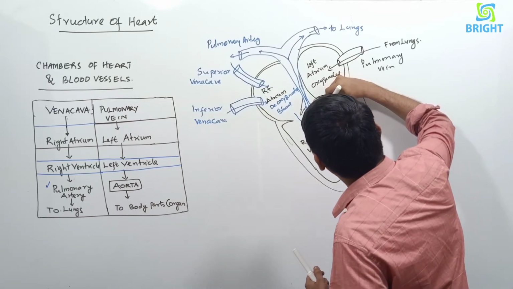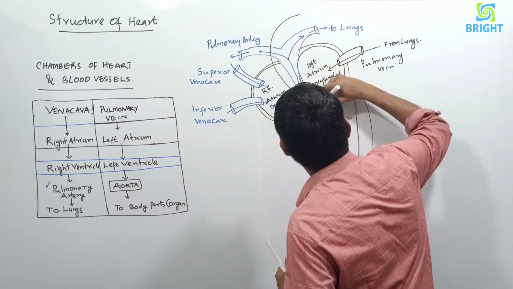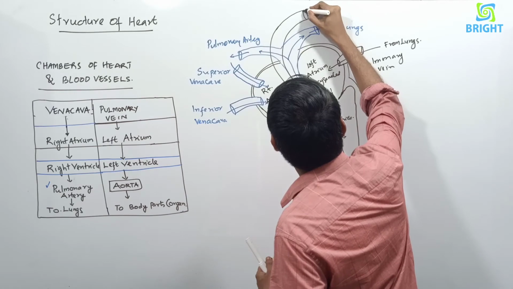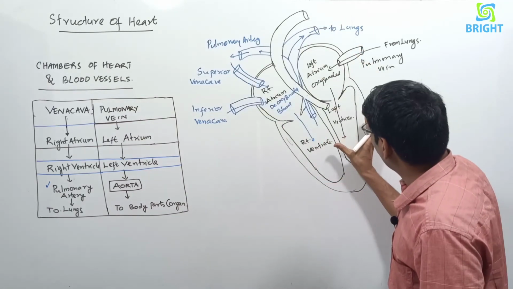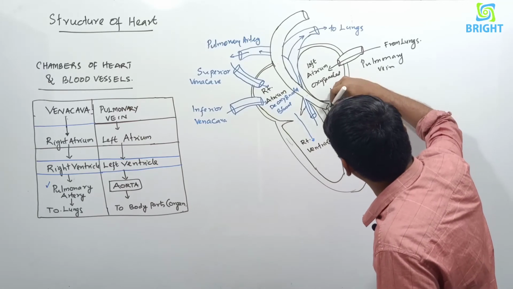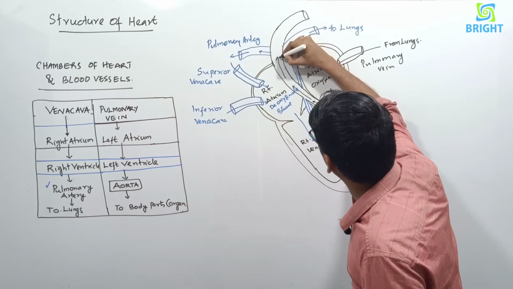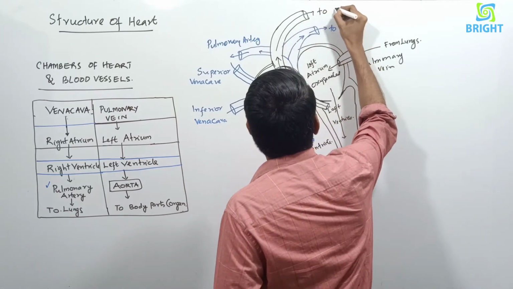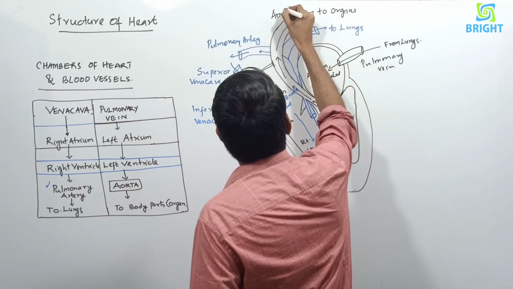So we can draw it just like this, the aorta. When the left ventricle contracts, the blood will move, and this is the oxygenated blood that is moving to different parts of the body, to the organs, through the aorta.